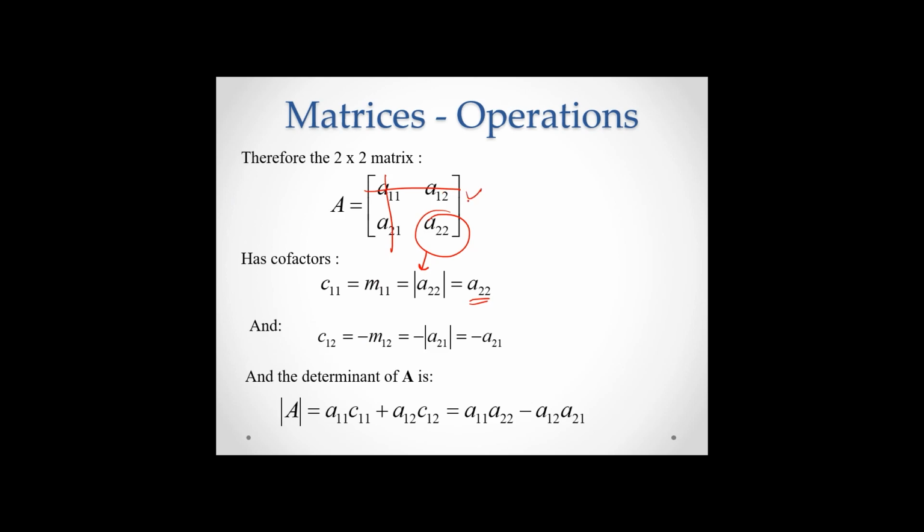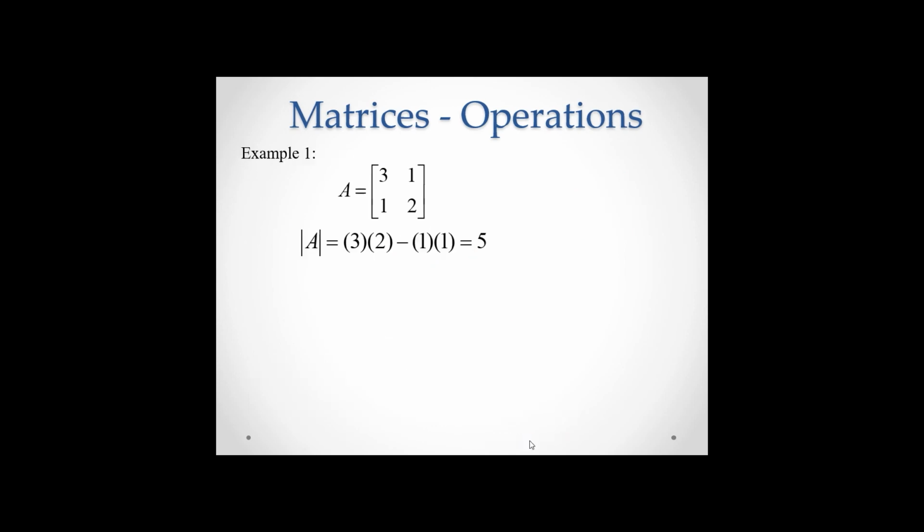If I have to find C12, we are deleting the first row and the second column, and we are left with this entry, that is A12. But the sign will be what? Negative. So the determinant that we are going to solve is going to be A11 multiplied with C11, plus A12 multiplied with C12. So this is going to be my final result. Okay. Let's do this.